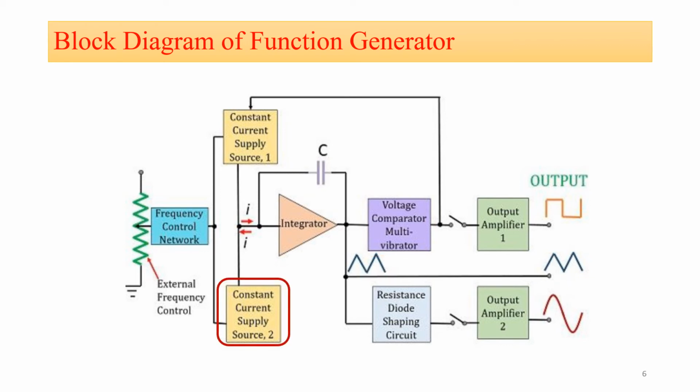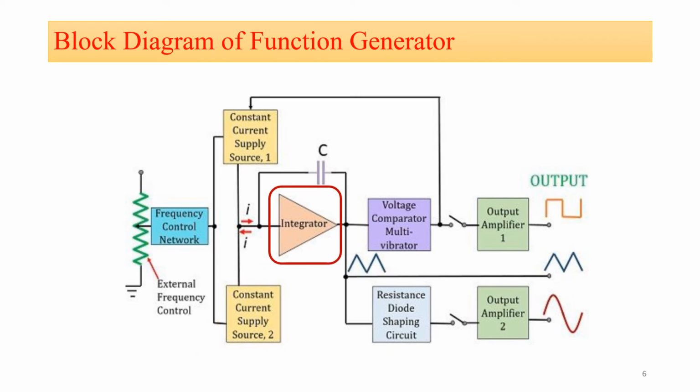The lower current source supplies the opposite current to the integrator circuit, and the output of the integrator decreases linearly with time. When this output voltage equals the maximum predetermined level on the negative side, the voltage comparator multivibrator again changes the condition of the network by switching off the lower current source and switching on the upper current source.